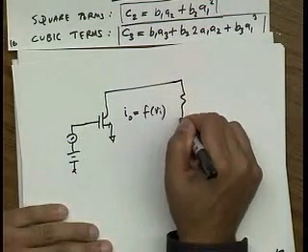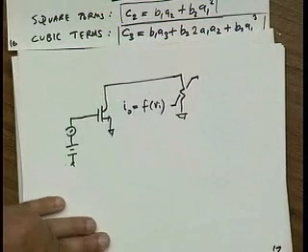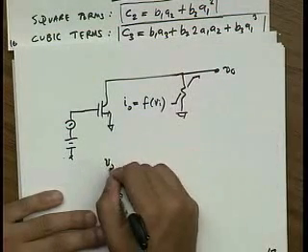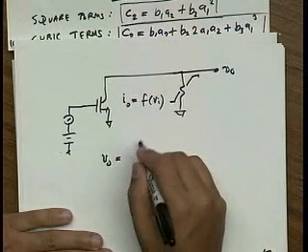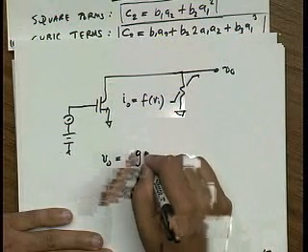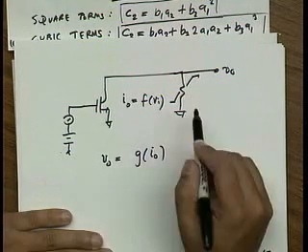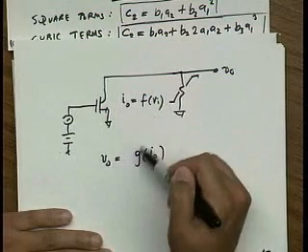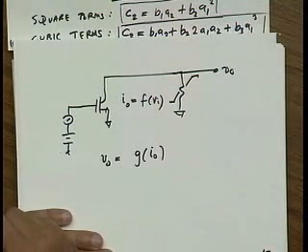And let's assume that this current flows into a nonlinear resistor, right? And I'm interested in V out. So V out is some nonlinear function of I out. If I have a Taylor series expansion of this and a Taylor series expansion of this, you can see that effectively this current gets multiplied by a nonlinear resistor, and it's basically a cascade.